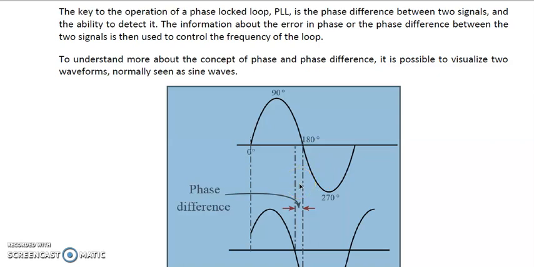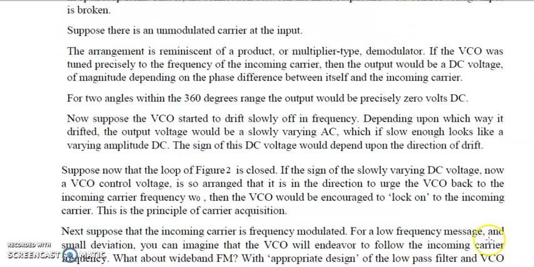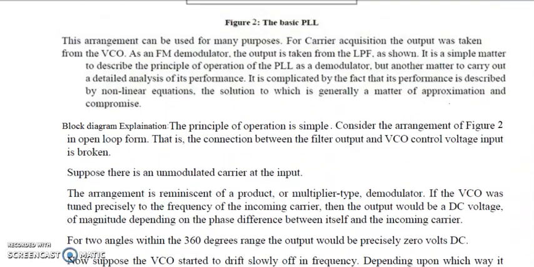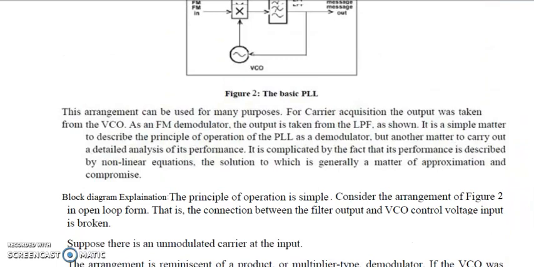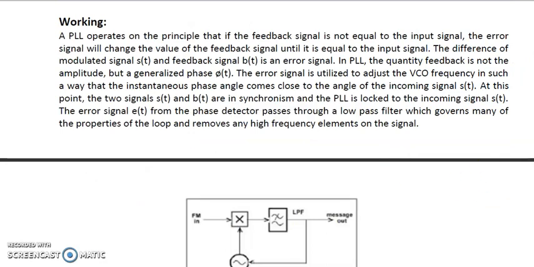Now this phase difference between two cycles is detected by a phase detector, which is used in the phase locked loop circuit. To visualize that, we have to take the block diagram of the phase locked loop. Now here you are able to see the block diagram of the phase locked loop.